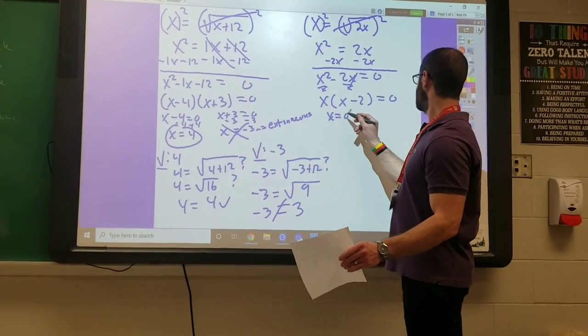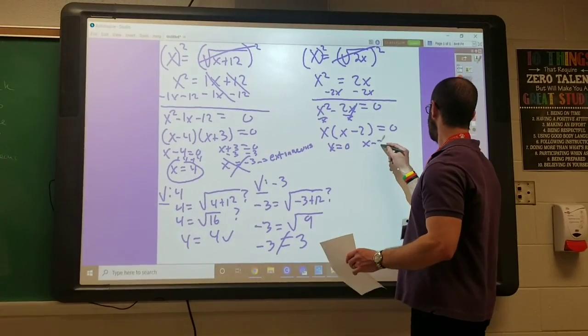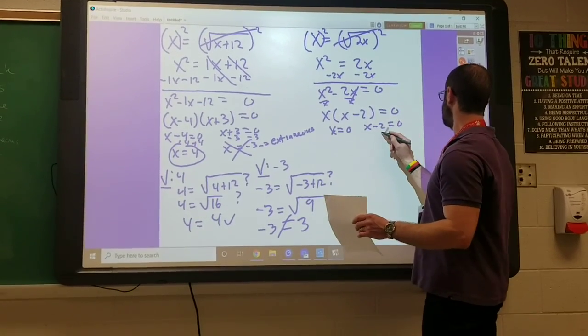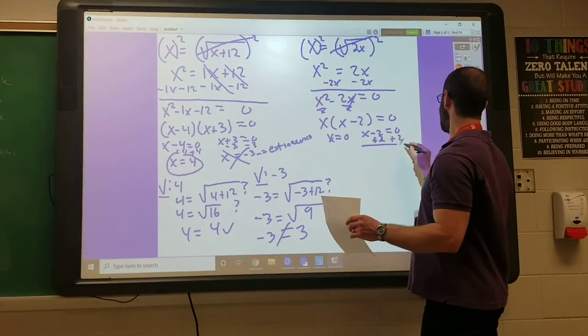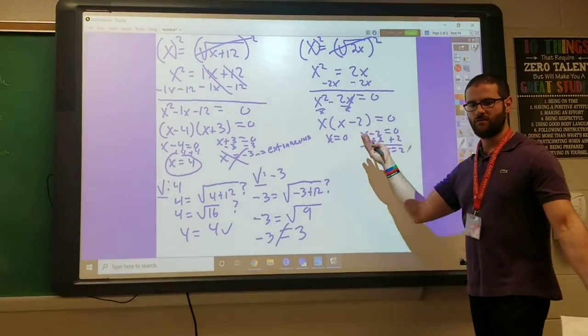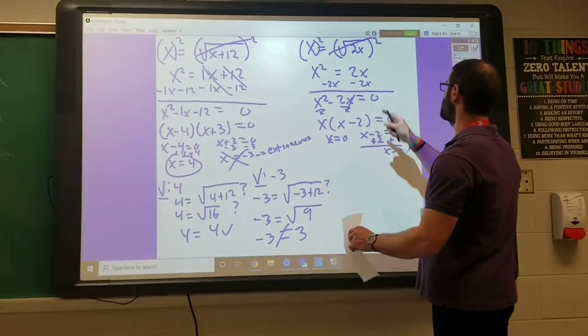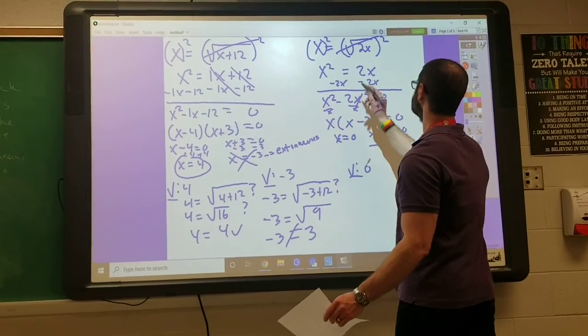So x equals 0. So that's one of our possible solutions. x minus 2 equals 0. Add 2 to both sides. So x could possibly be 2 as well. So what do we have to do to verify? We have to check. So I'm plugging into the original equation. So I'm going to check 0.